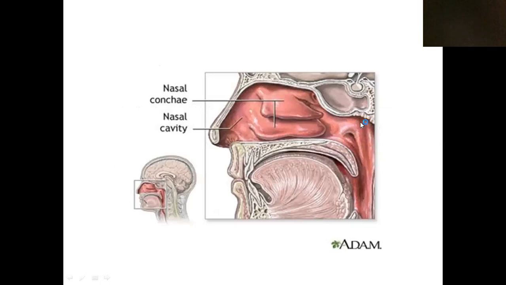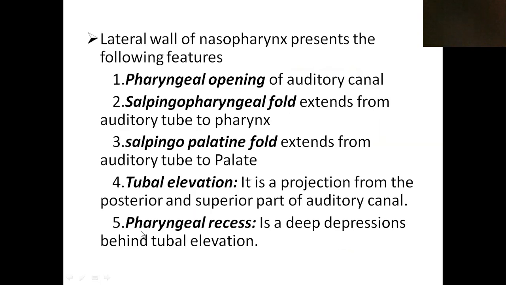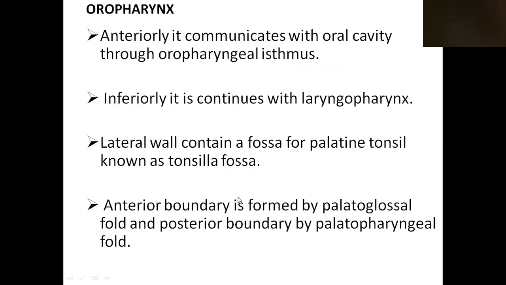In addition to that, behind these structures here we can see one pouch or pocket-like extension. It is known as pharyngeal recess. So pharyngeal recess means it is a pocket-like extension seen behind the opening of auditory tube. So these points are clear. Pharyngeal opening of the auditory tube, then salpingopharyngeal fold, salpingopalatine fold, tubal elevation, and pharyngeal recess.